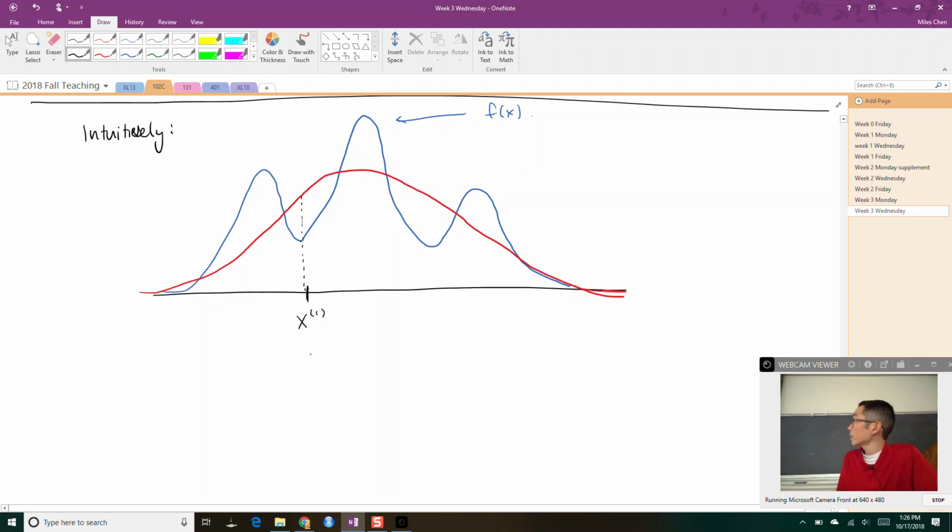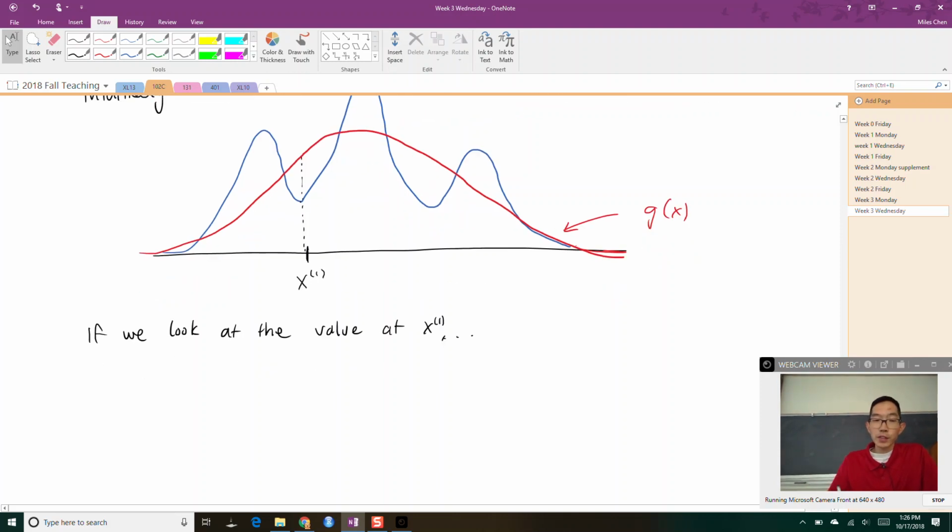If we look at the PDF of f of x versus g of x, and look at the value at x1, okay?